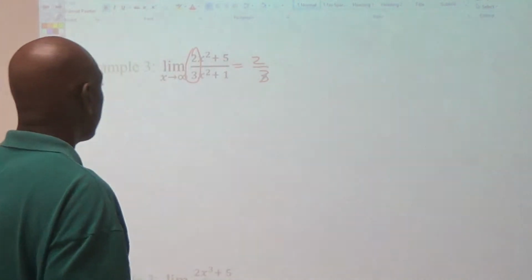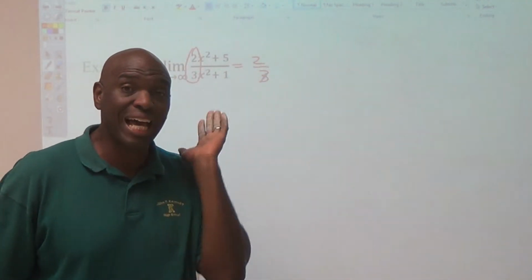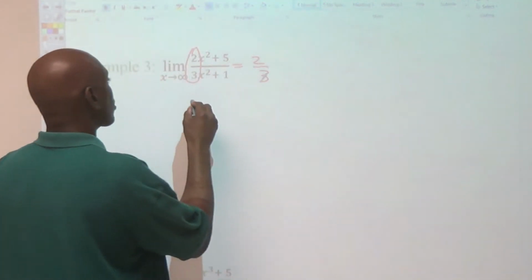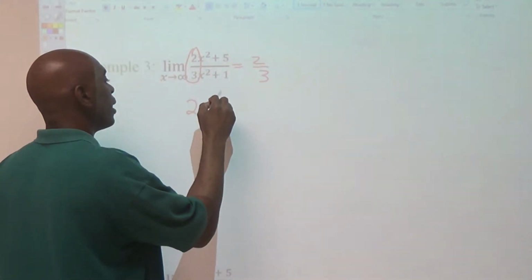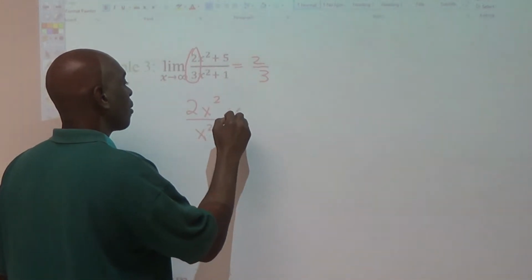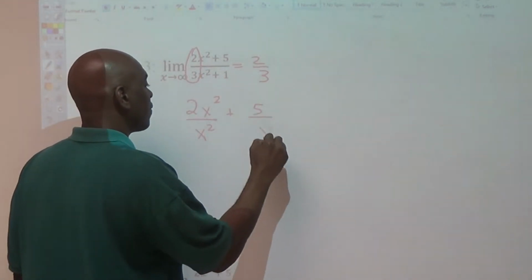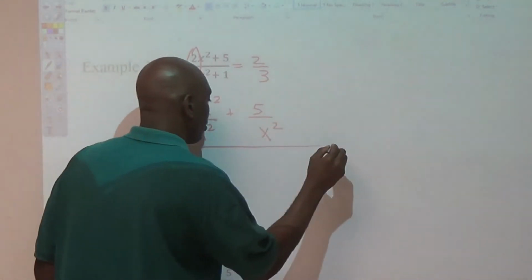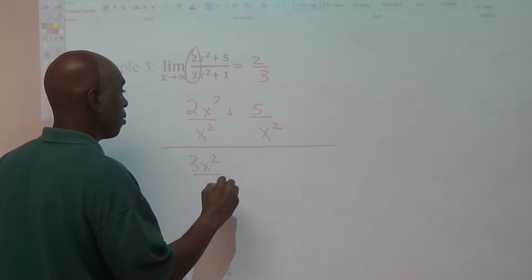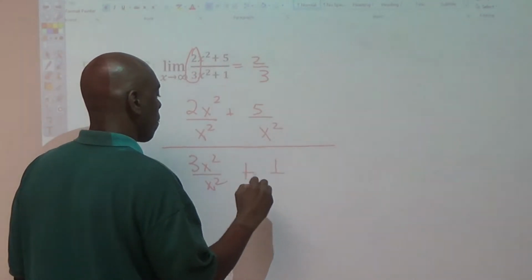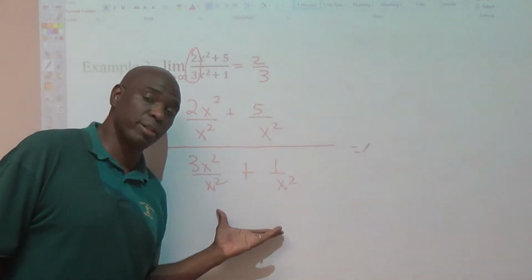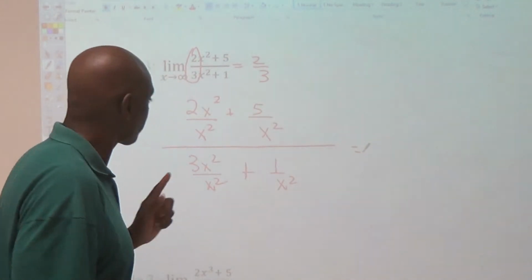Yay, 2/3. Let's prove it using pre-calc. Let's go. So divide everything by the highest power in the denominator. So 2x squared divided by x squared, plus 5 divided by x squared, all over 3x squared divided by x squared, plus 1 divided by x squared equals. You do not have to do all of this, but it's good to know it.